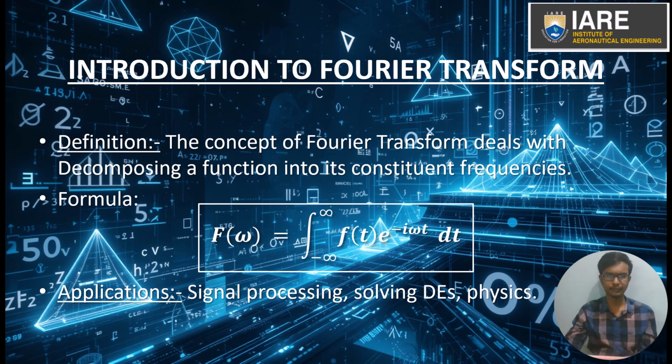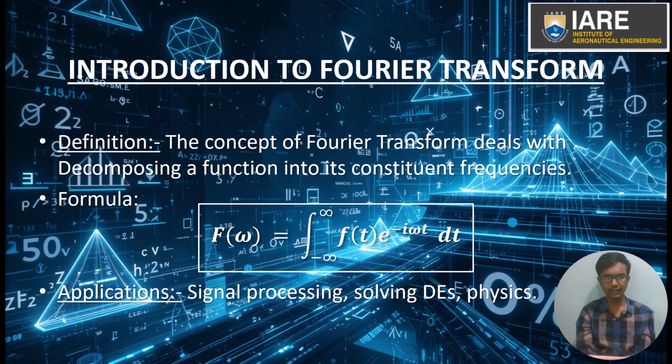The formula here, as you can see in the slide, is capital F of omega equals the integral from minus infinity to plus infinity of small f of t times e to the power of minus i omega t dt.